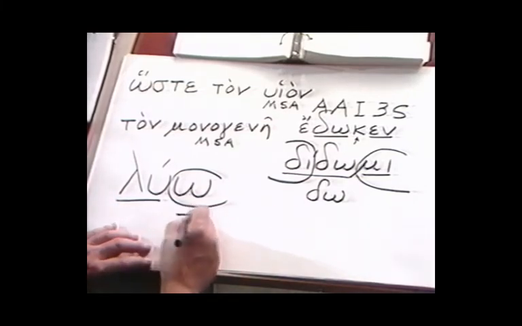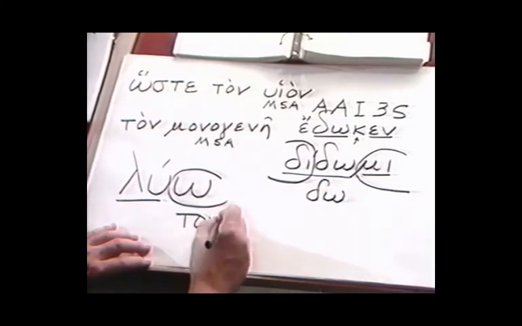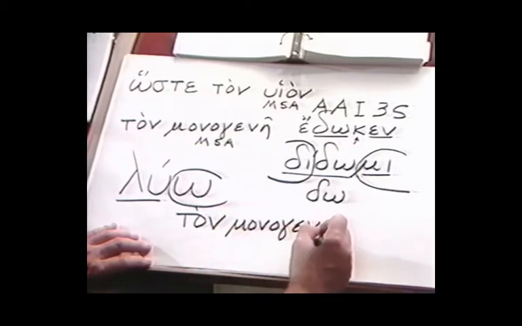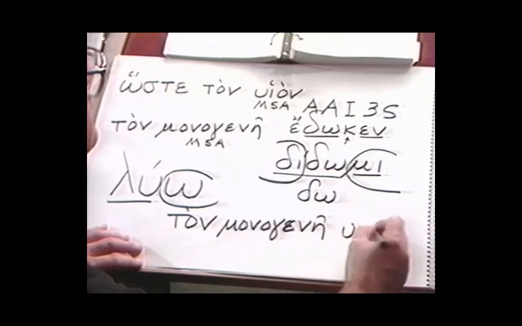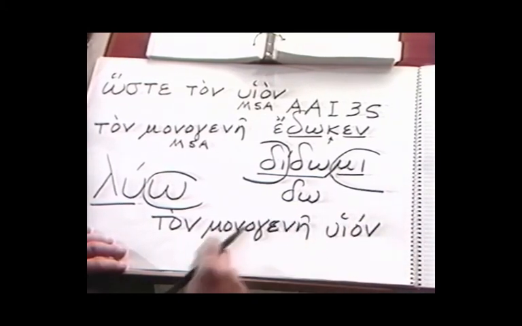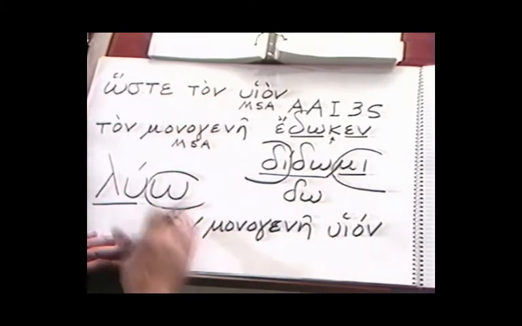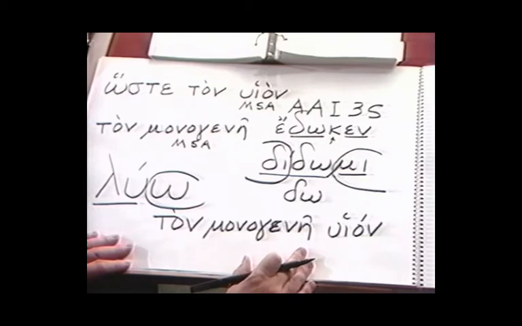It could have been written like this. Ton monogene huion, where the adjective would be before the noun. And either one of these styles are appropriate.